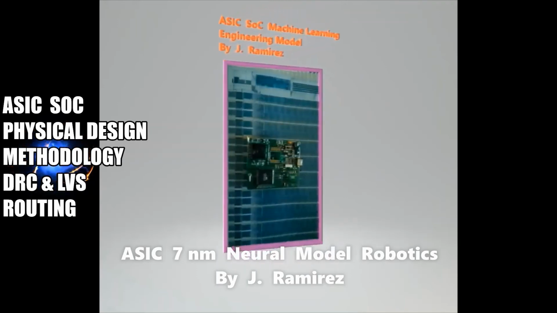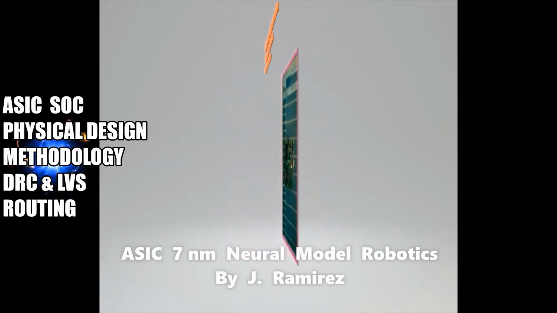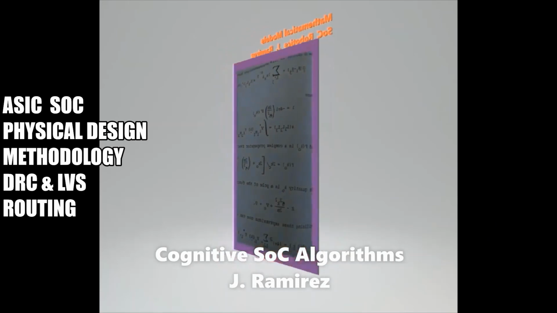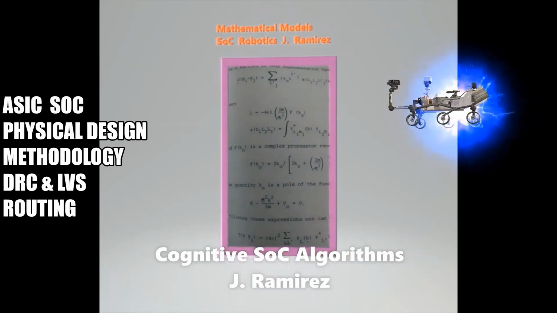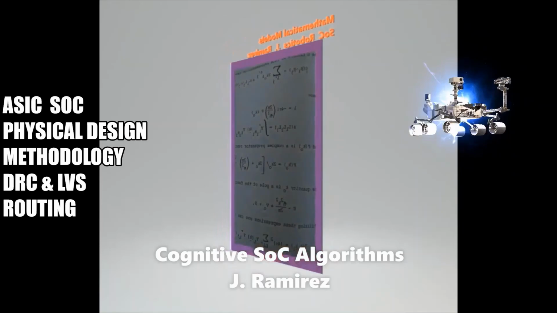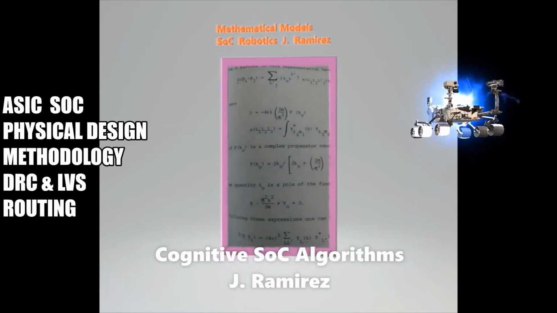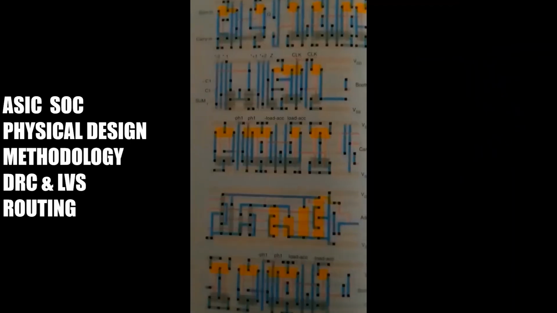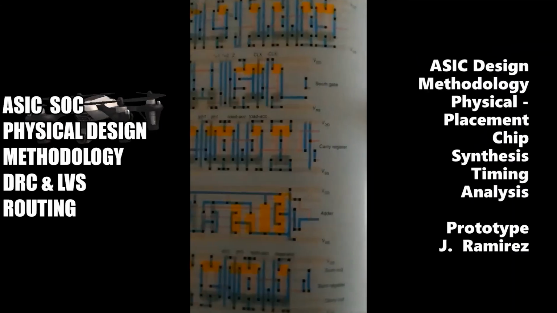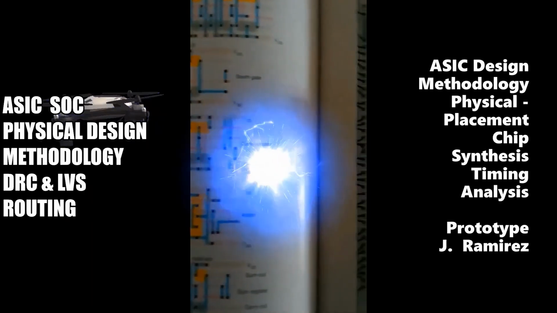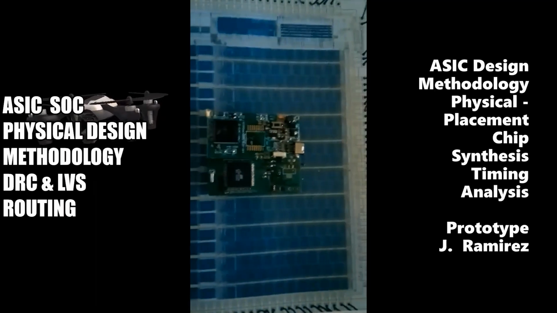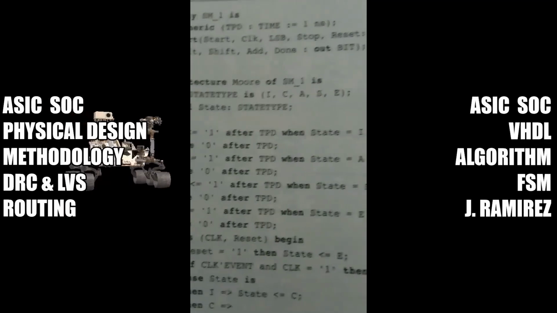The other check performed is the layout versus schematic, LVS, to ensure that what is about to be committed to silicon is what is really wanted. An electrical schematic is extracted from the physical layout and compared to the netlist. This closes a loop between the logic and physical design process and ensures that both are the same.